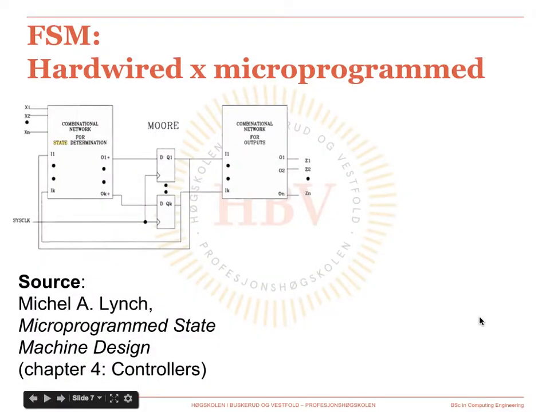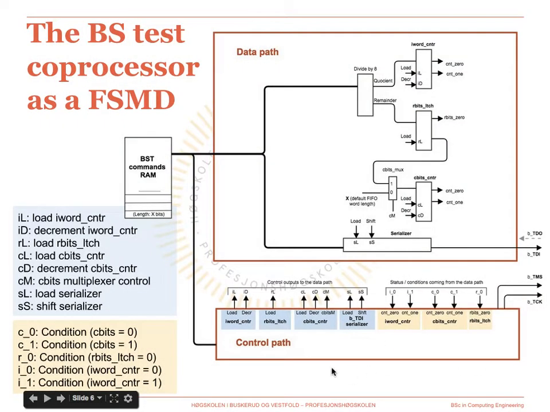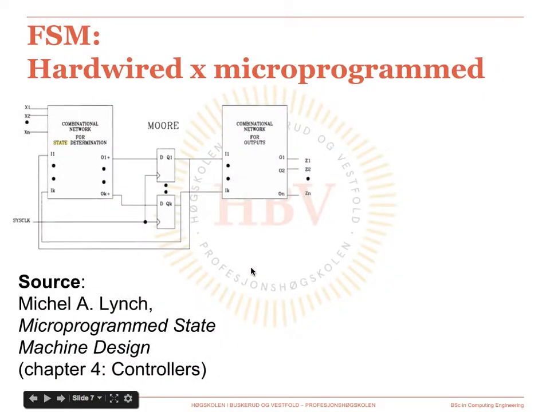Now, the control path can in fact be designed according to 2 main approaches, and I'm referring to the control path block in the bottom here in this slide. One of them is the traditional finite state machine approach, as you already know.